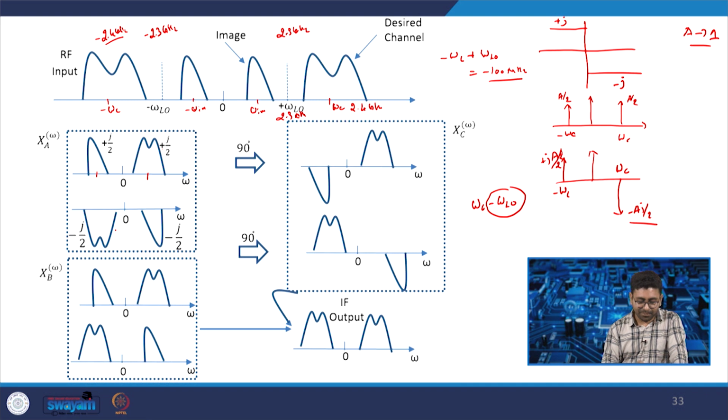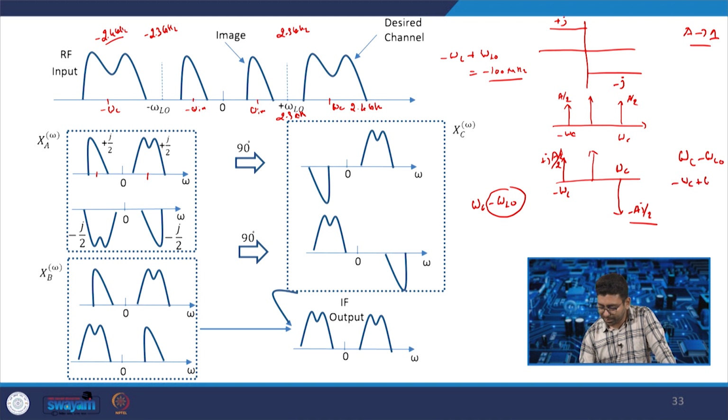So, on the positive side you will multiply with minus j by 2 and on the negative side we multiply with plus j by 2. So, always remember that if you do not want to get confused, you consider omega c minus omega LO or minus omega c plus omega LO.